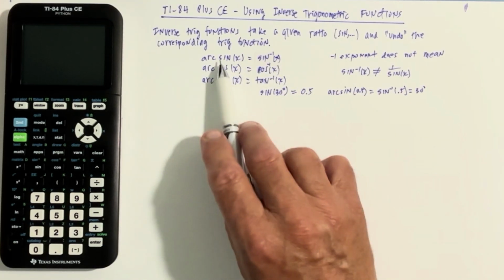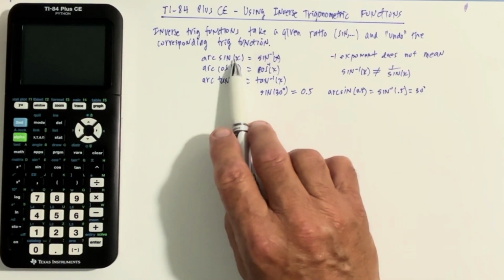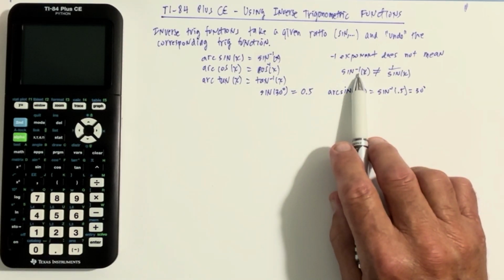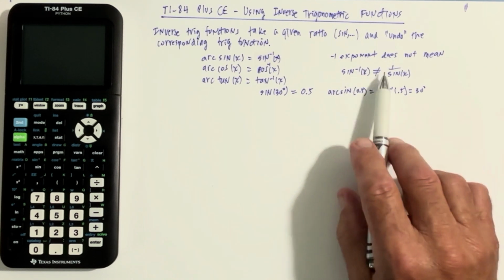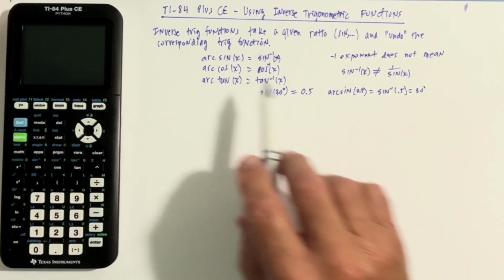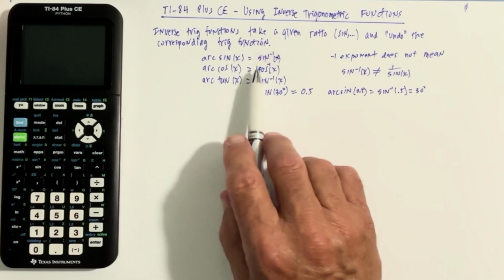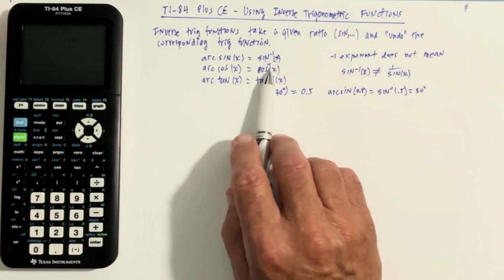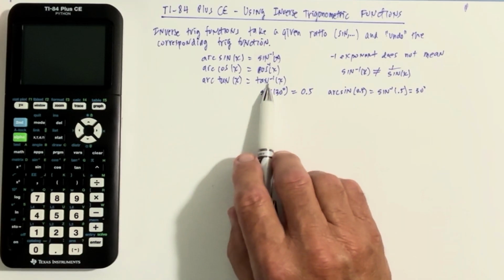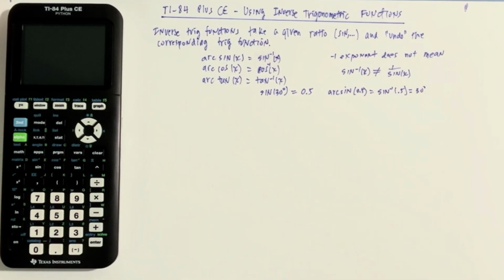It means the inverse of the sine function, but it does not mean the reciprocal of the sine. I just want to make sure you understood that. And then the arccosine is equal to cosine inverse of x, and arctangent is tan inverse of x.